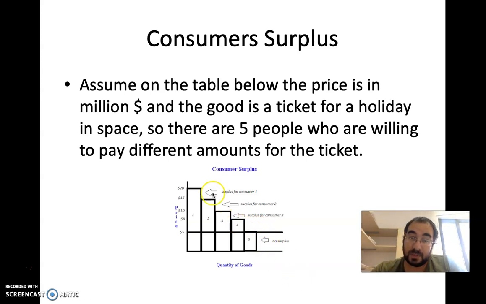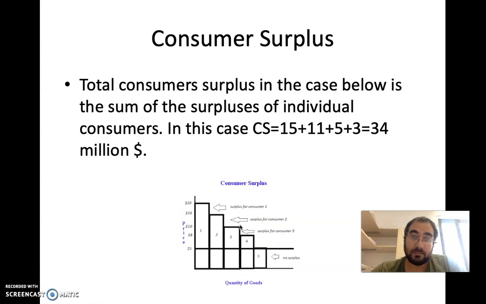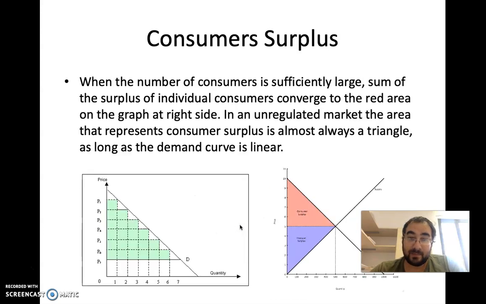The fifth consumer doesn't have any consumer surplus, since the price he is willing to pay is the same as the price in the market. So basically, the total market surplus is the sum of these rectangles, which is 15 plus 11 plus 5 plus 3, which is 34.